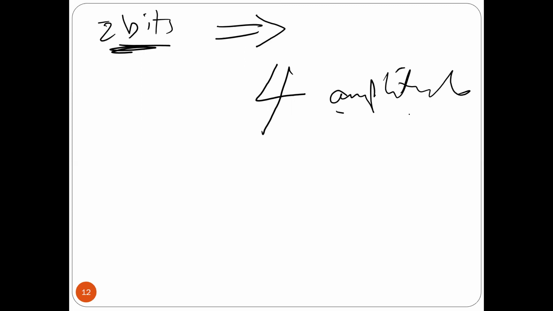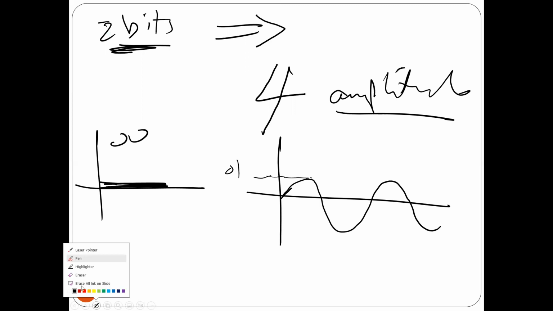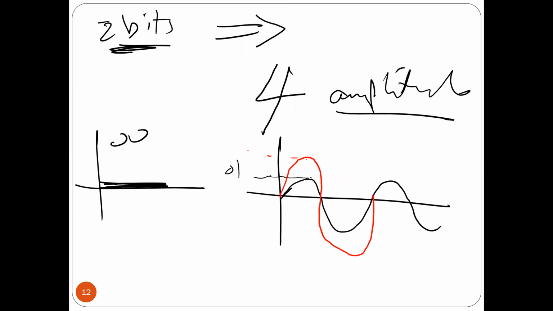You got what I'm saying? For example, I'm not going to change frequency or phase. I'm going to have only 4 different amplitudes. For example, I'm going to have this amplitude, which should be for 0, 1, just an example. Then I can have another signal with another amplitude this way, and I'm going to use this one for 1, 1 or 1, 0, whatever.